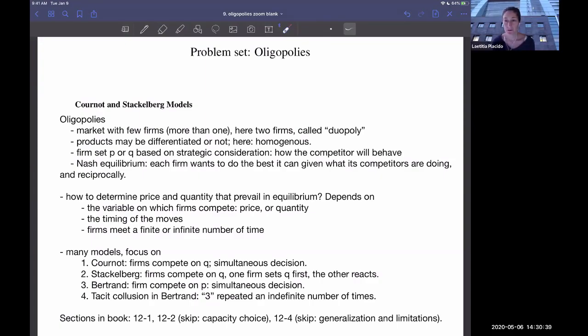So before we start, I already have a question from Aisatu. I'm not sure I'm pronouncing your name correctly. Who says, are there any suggestions you can give us for studying for the second midterm?